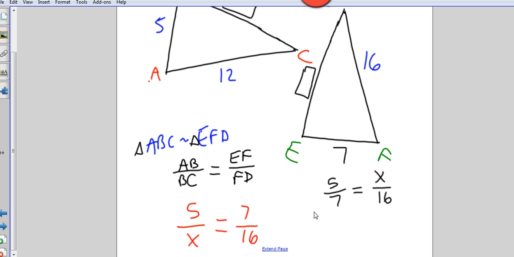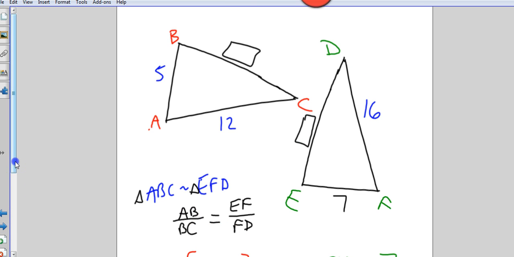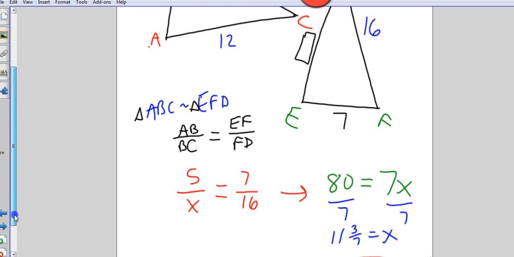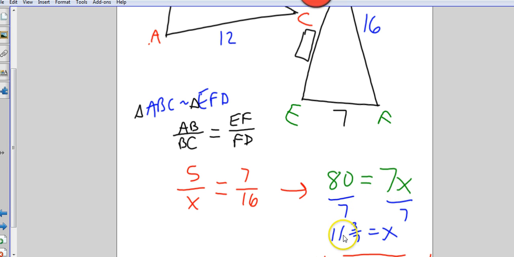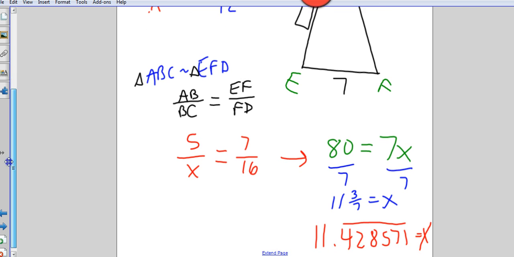And then the nice thing about this is both of these are going to give me 80 equals 7x. And you could figure out other ways that I could also write the proportion. When I solve it, 80 equals 7x, and that gives me 11 3/7, or whatever that is, 11.428571 repeating. We know that.